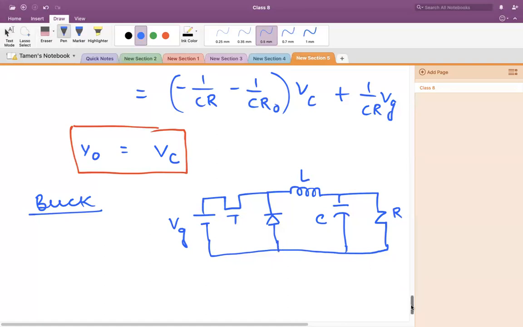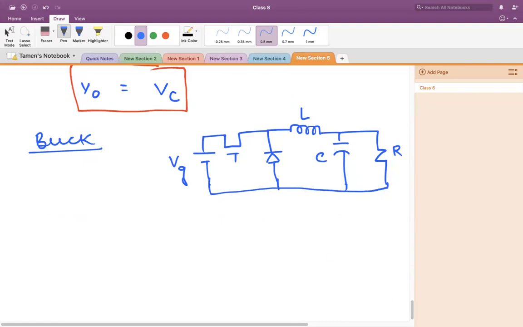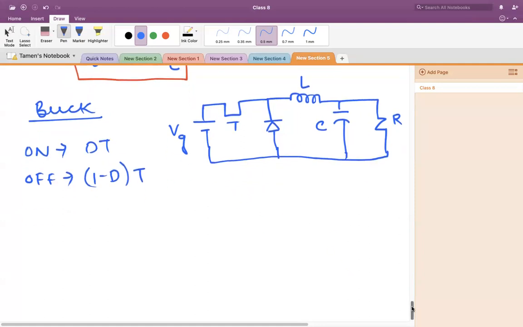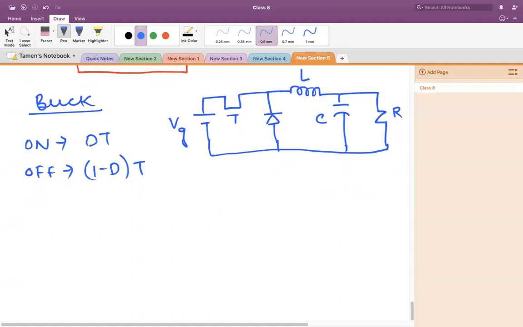Whatever our DC-DC converter circuit is, it operates in two switching modes, on and off, right? So in terms of on, we write dT. I think I have explained you. And in terms of off, we write 1 minus d into T. Remember? D is the duty cycle. So during the on time, it will be dT.